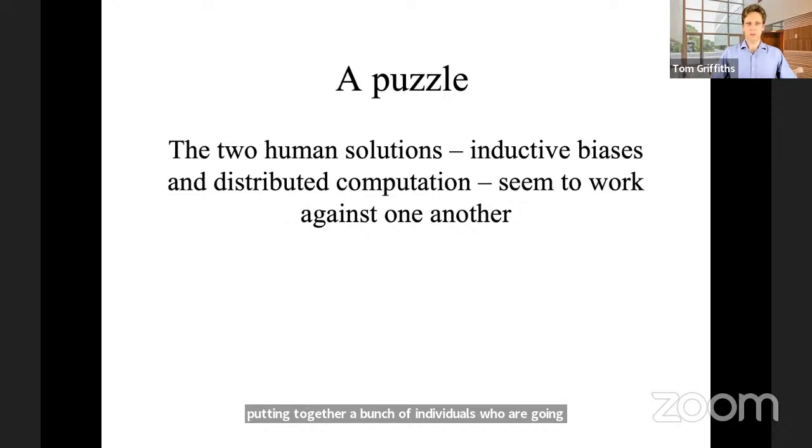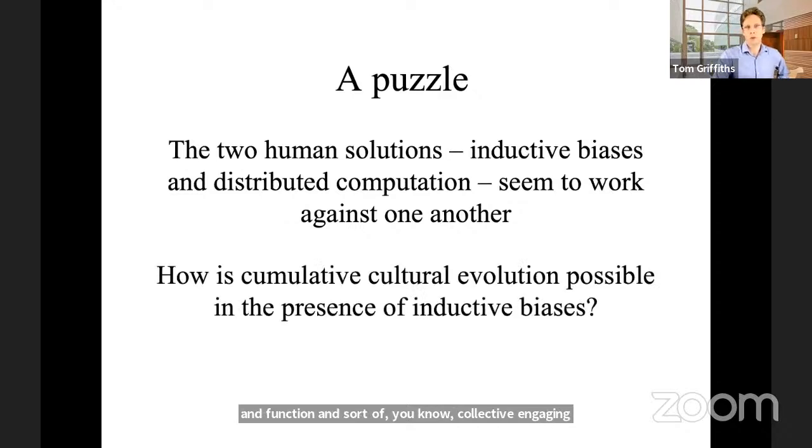The biases that help us function as individual processing units work against us being able to work together as a collective engaging in distributed computation. Or to put this more precisely, how is cumulative cultural evolution, where we accumulate knowledge, become more accurate in our picture of the world, or develop better technologies, possible in the presence of these kinds of inductive biases?